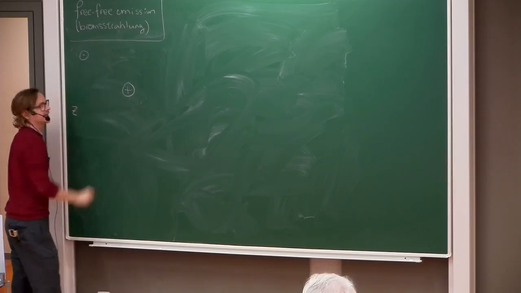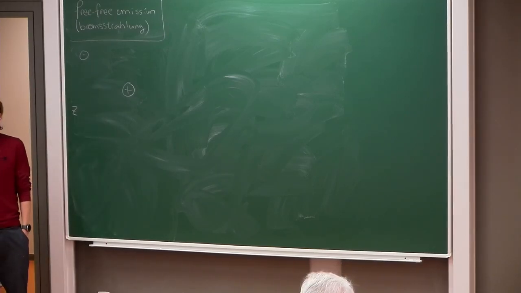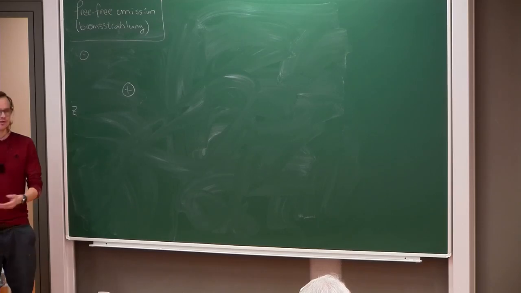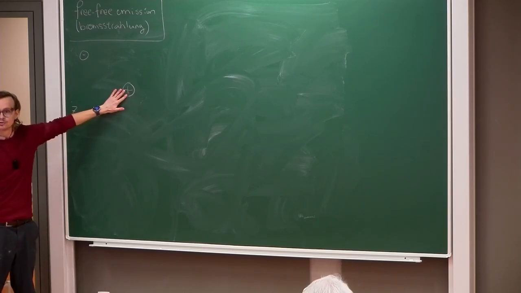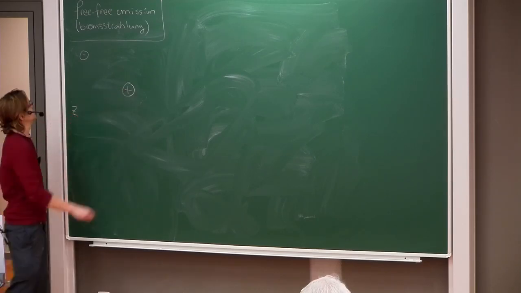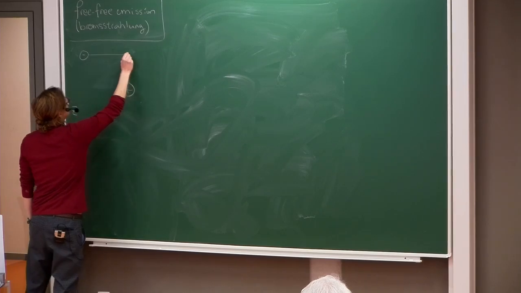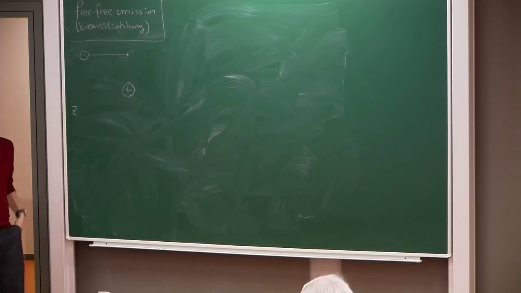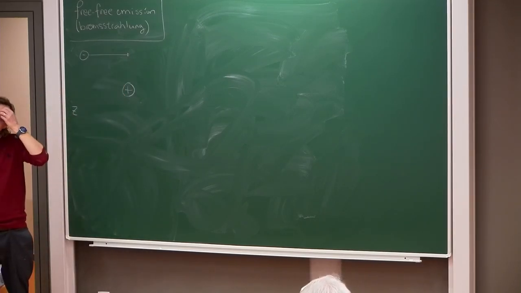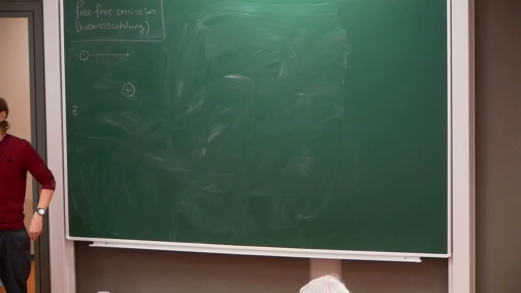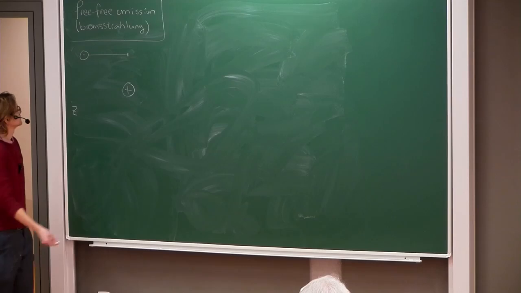And now you have an electron sweeping by that is not bound to the proton, okay? But it is coming by here, and when it is flying by, it is subject, of course, to the Coulomb force.